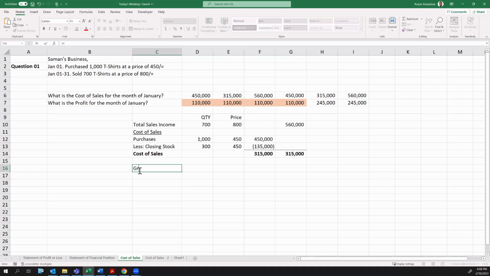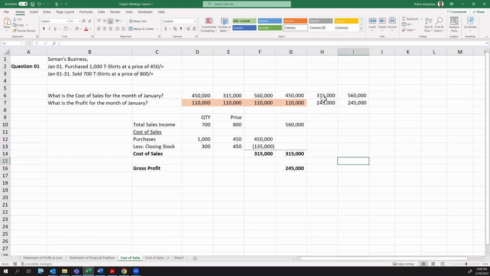Your gross profit is, you deduct cost of sales from the sales, 245,000. So this is correct.